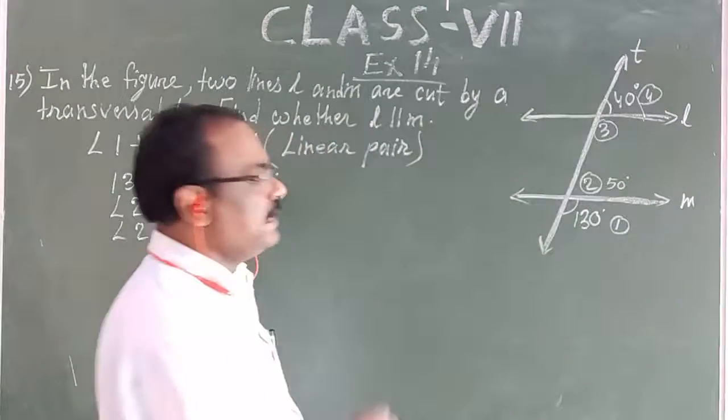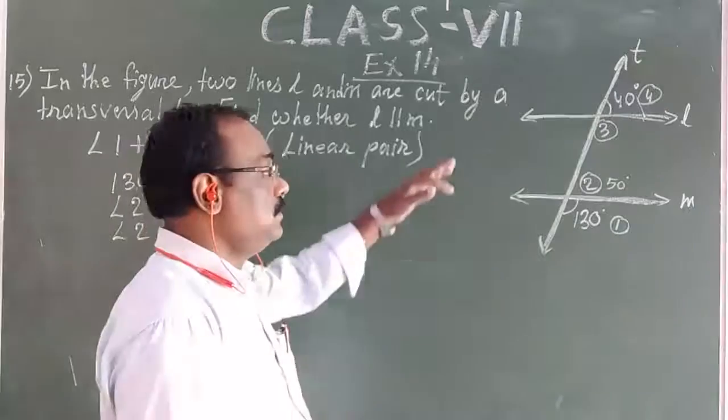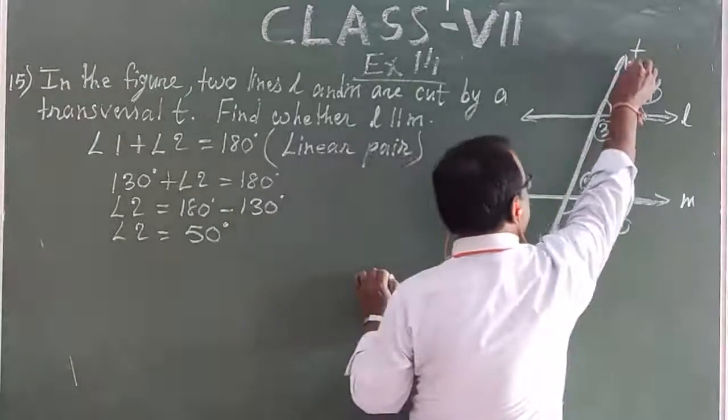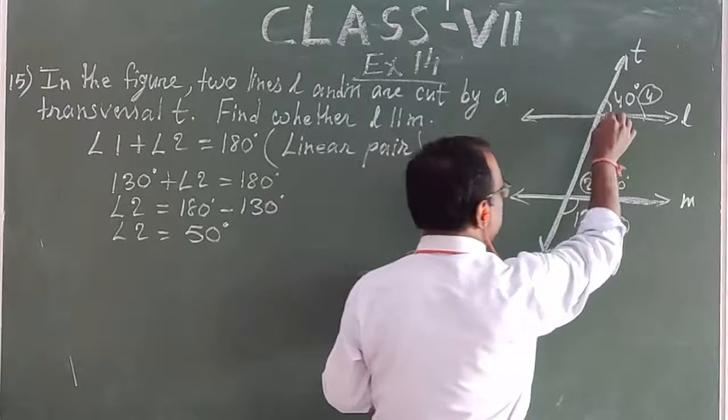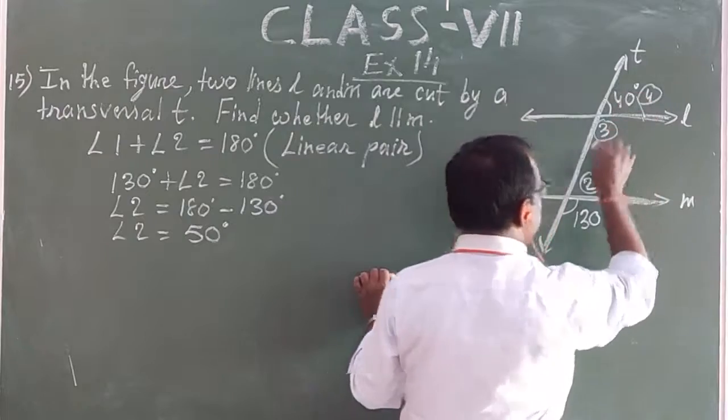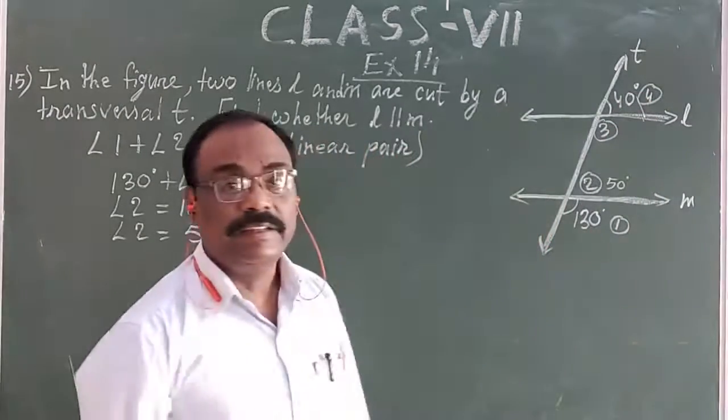In the same way, we can find the measure of angle 3. Again we are taking T as a straight line, and this line L is standing on it, so they are again forming a linear pair.